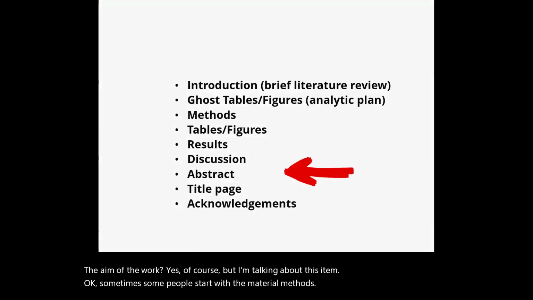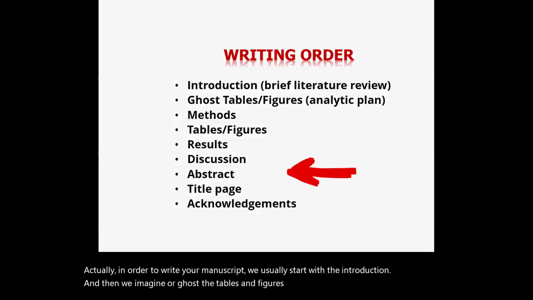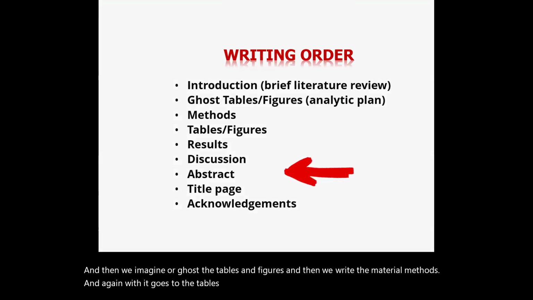Actually, in order to write your manuscript, we usually start with the introduction. And then we imagine or ghost the tables and figures. And then we write the material and methods. And again, we ghost the tables and figures, and then the result, and then the discussion.